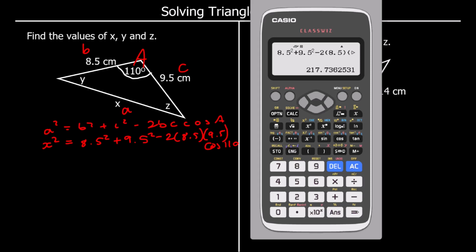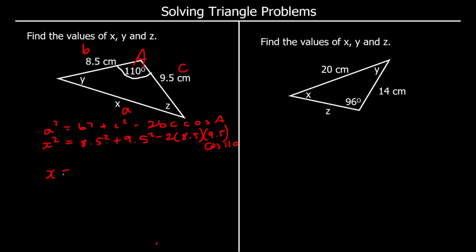That's 217.7. Square root the answer. 14.8. Store that as A. So x we've got as 14.8 centimeters. Saved as A. We're going to need that.